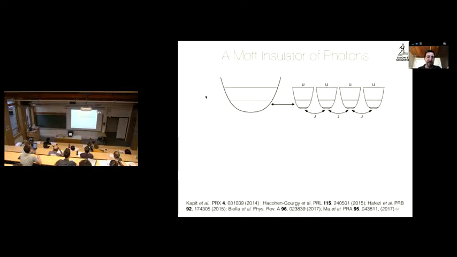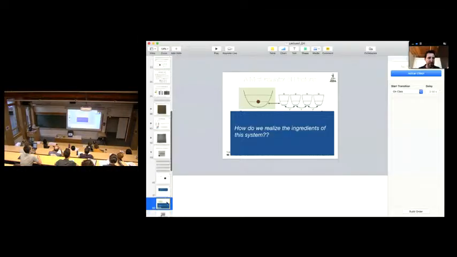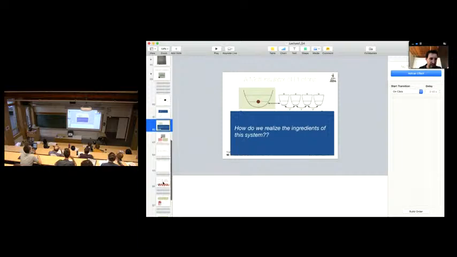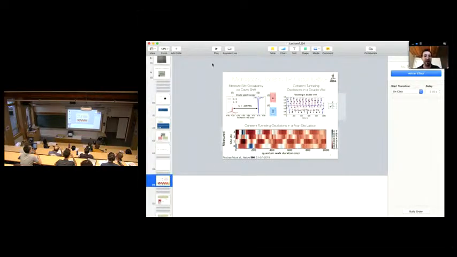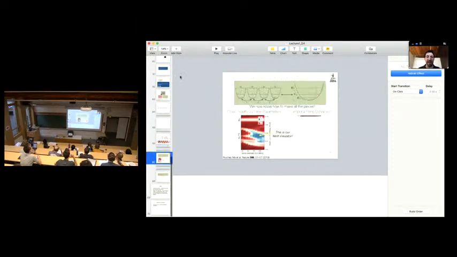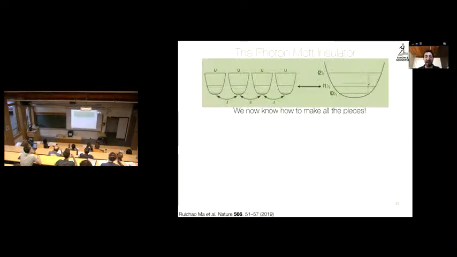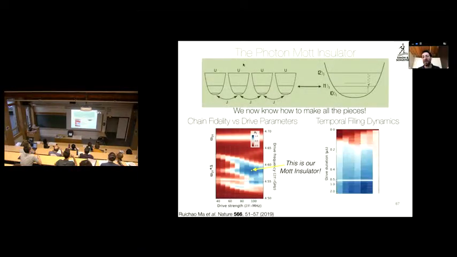I will just flash up the result here, which is that you can really make a Mott insulator of photons in this kind of system. You can read out the occupation of the individual lattice sites. You can see Rabi oscillations as particles coherently hop back and forth between sites. And finally, you can play games like filling a system up.